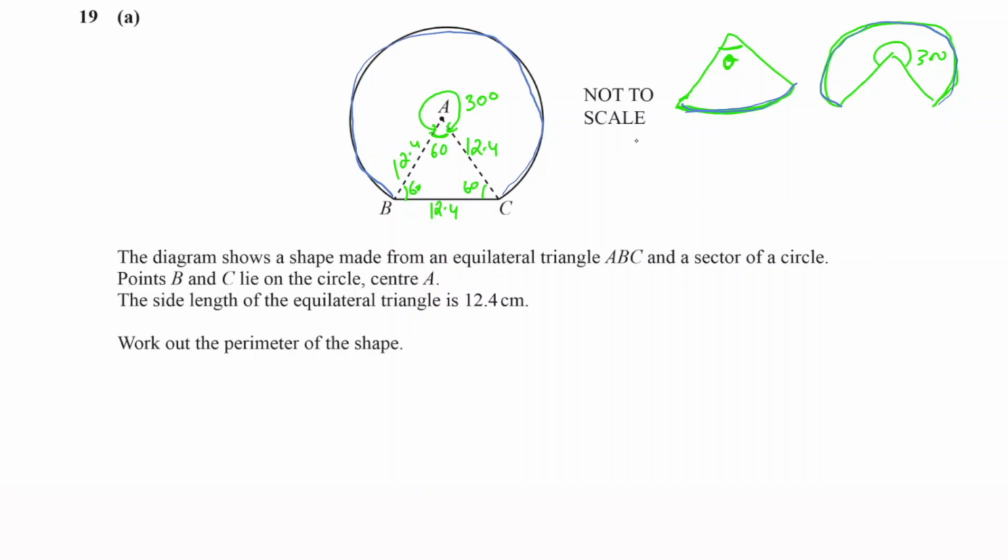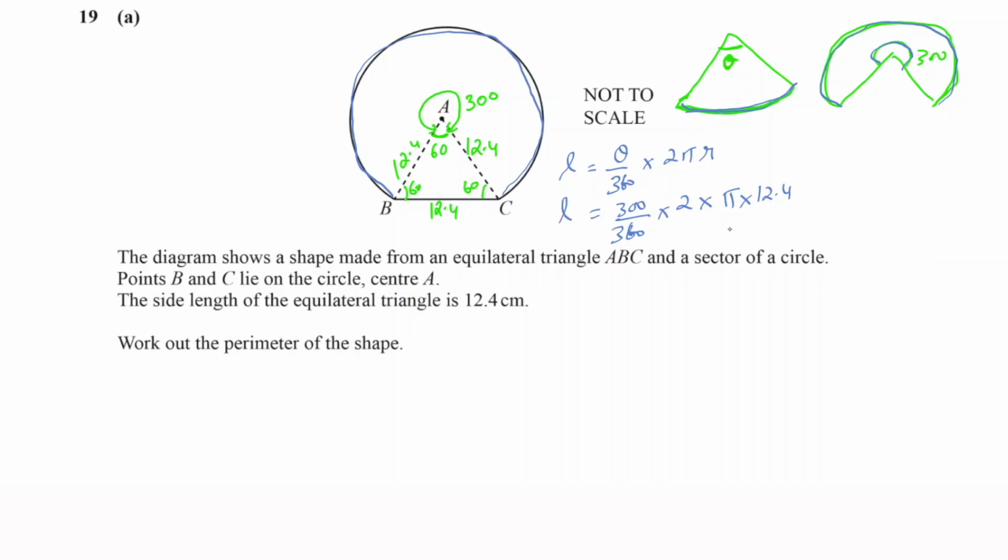The arc length formula is L equals theta by 360 times 2 pi r. Theta will be 300 by 360 times 2 times pi times the radius, which is 12.4, the side length of the equilateral triangle.